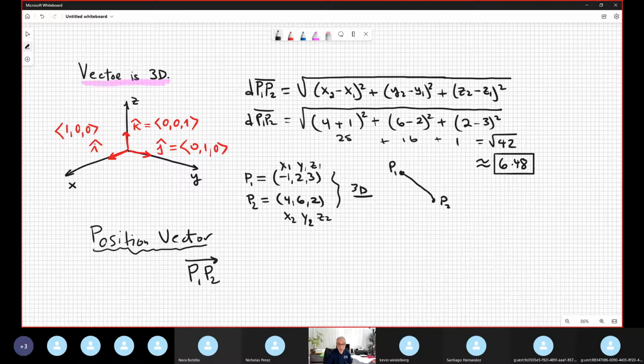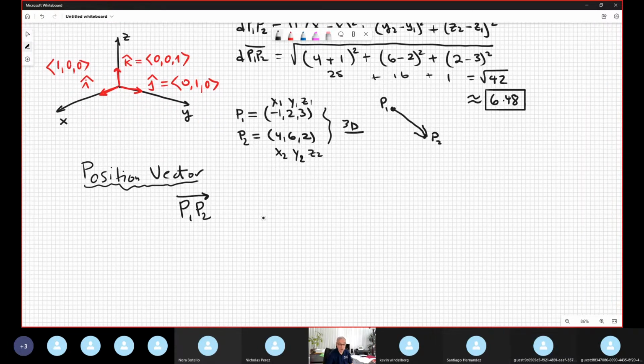It is in between P1 and P2, so the order is important. P1P2 means that P2 is the arrow and P1 is the tail of the vector. The amplitude is the same, radical 42. The magnitude formula is the same, so the magnitude of the position vector P1P2, connecting 2 points in space or on the plane, doesn't matter, is the square root of 42, or in decimal approximation 6.48.